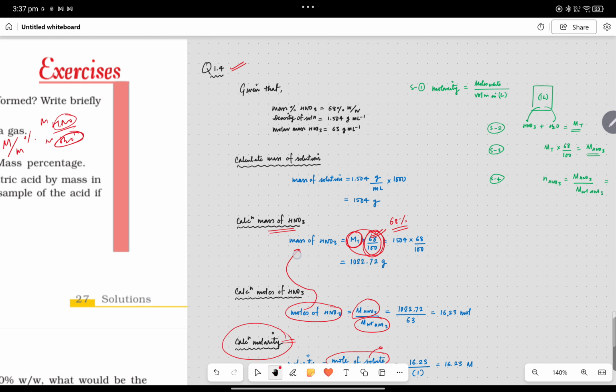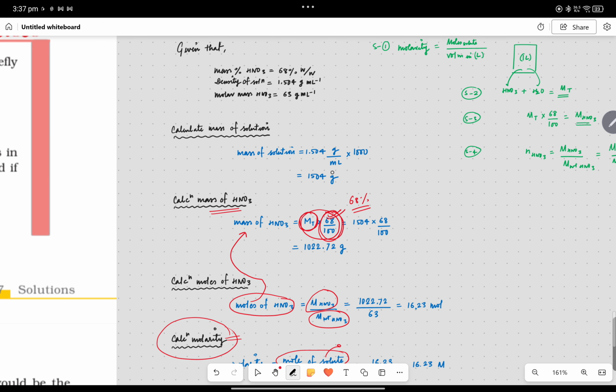And from there I came to know that I have to calculate the total mass. For calculating the mass of HNO3, I need the total mass, and that's why this is the first step that I have to start with, right? That I can calculate from the density that is given here, right?